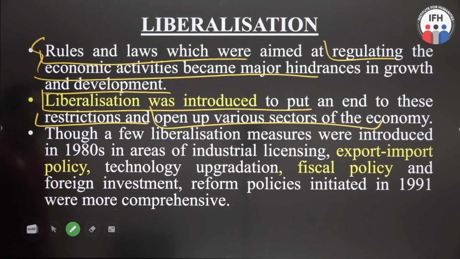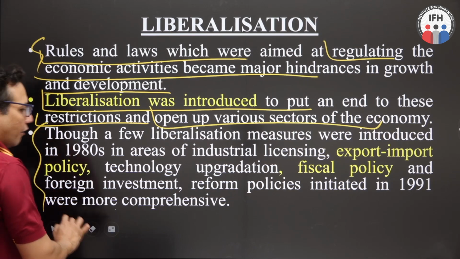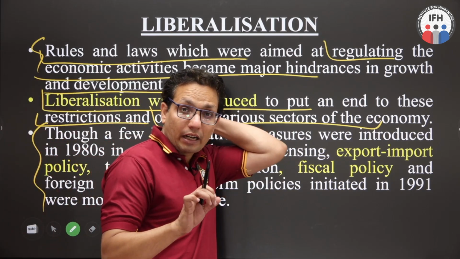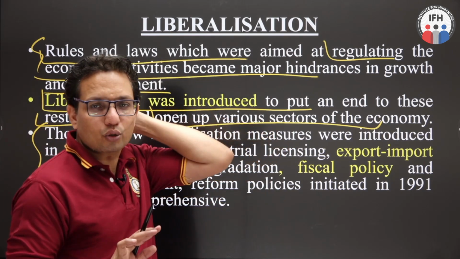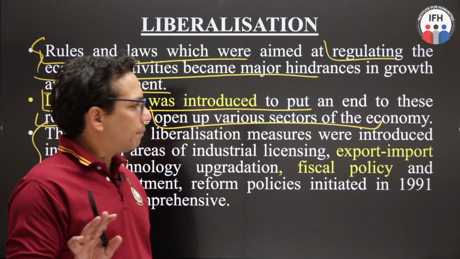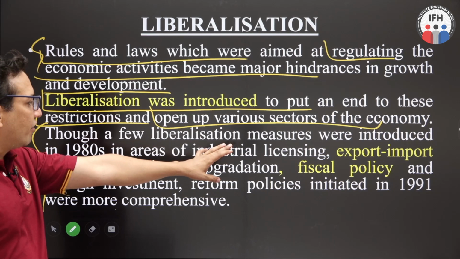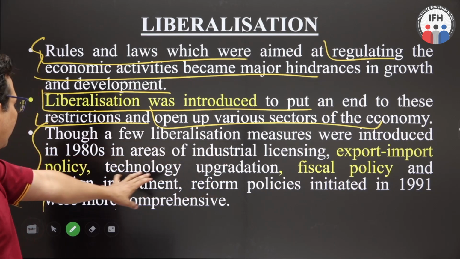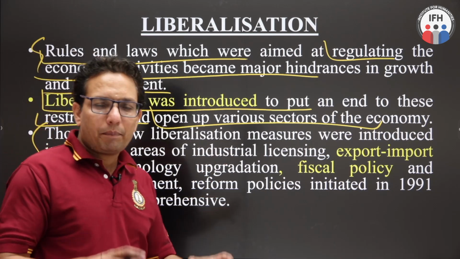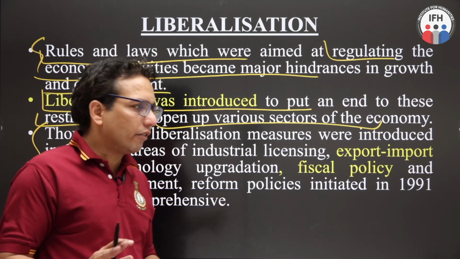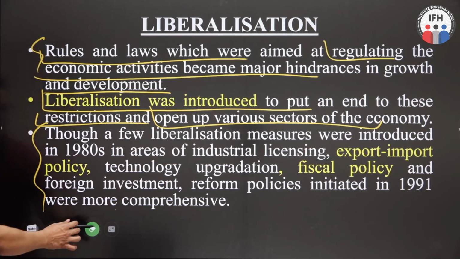Though a few liberalization efforts were made in the 1980s, pertaining to export, import, fiscal policy, technology upgradation and foreign investment, the big reforms came in 1991 only. So let us see what happened.